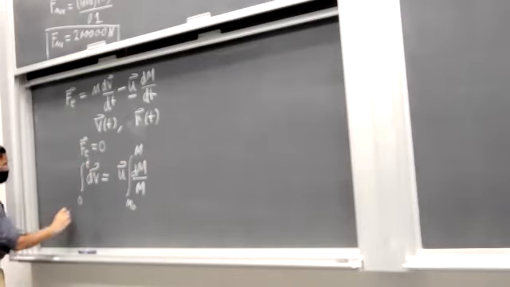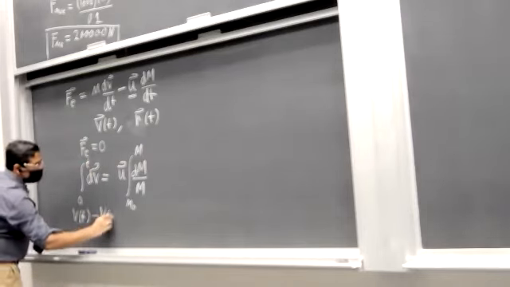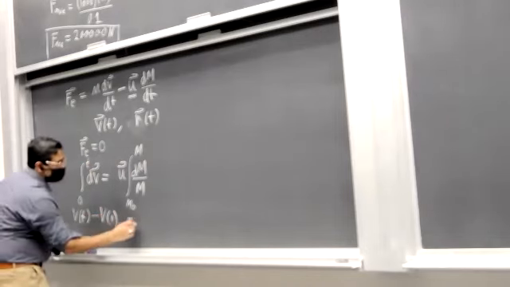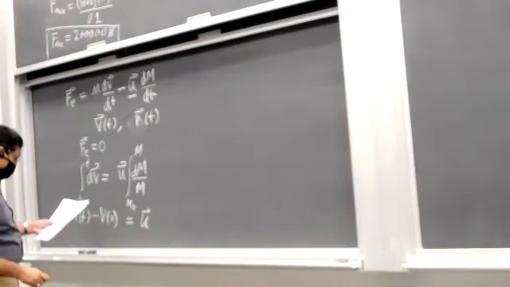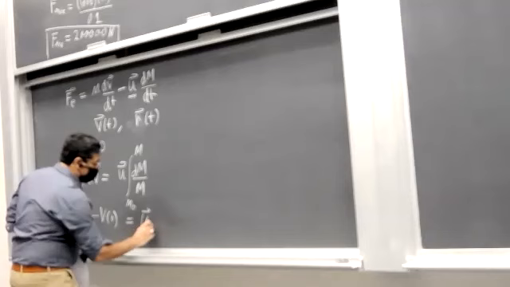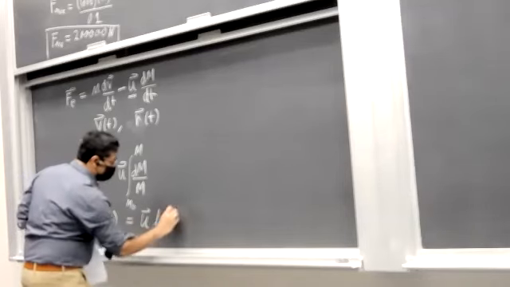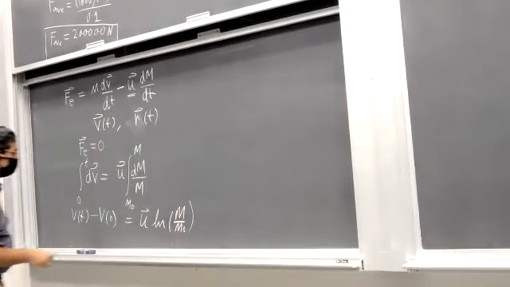So on this side you would get vt minus v0, and on this side you will get u ln of m over m naught.